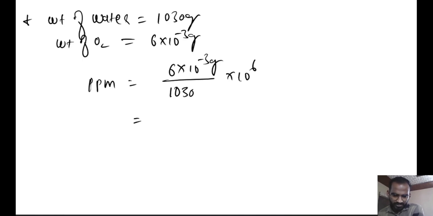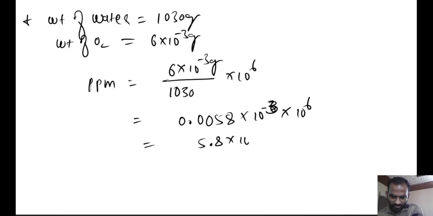When I calculate this, we get around 0.0058 into 10 to the power of 6. Sorry, this is 3, not minus 6. So we can take this as 5.8 into 10 to the power of minus 6 into 10 to the power of 6, so both will cancel out.